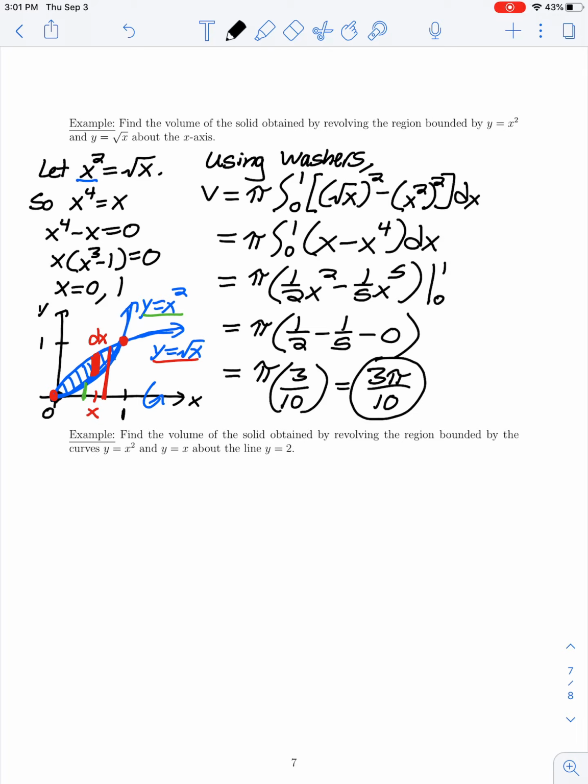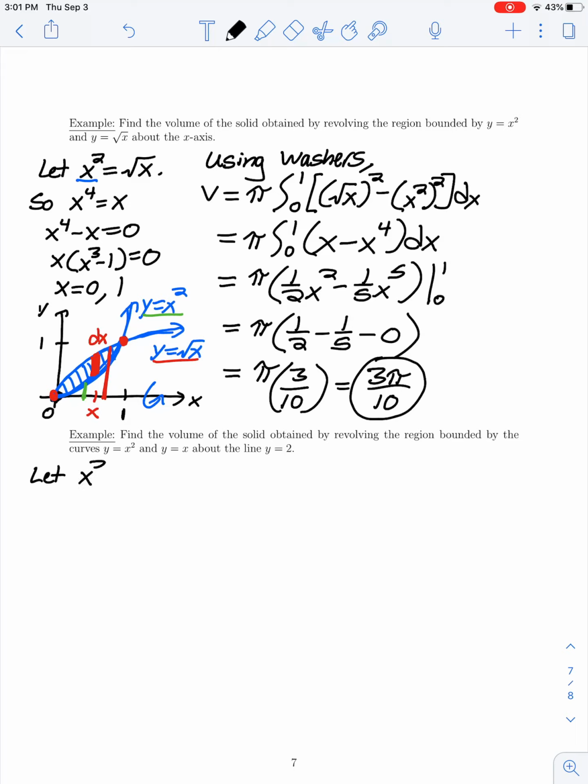So in this next problem, we're asked to find the volume of the solid obtained by revolving the region bounded by the curves y equals x squared and y equals x about the line y equals 2. So again, we might first want to sketch our region. And since this is a region bounded by two curves, it would be helpful to first find their points of intersection.